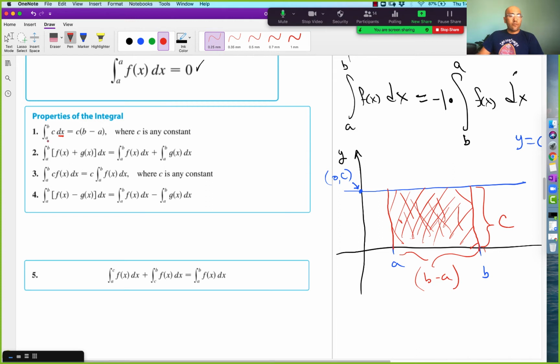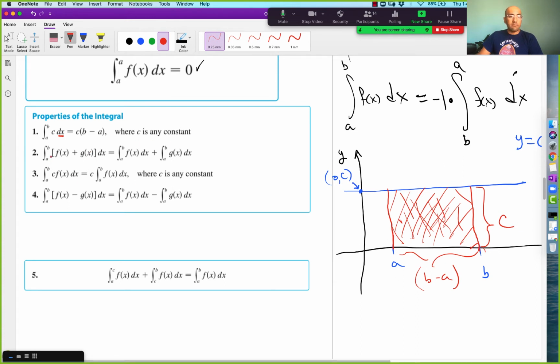Okay, the integral from a to b of the summation of two functions, f of x plus g of x dx, is equal to, well, we can integrate one and then integrate the other and then add them together. The integral of a summation is equal to the summation of the integrals. Good.